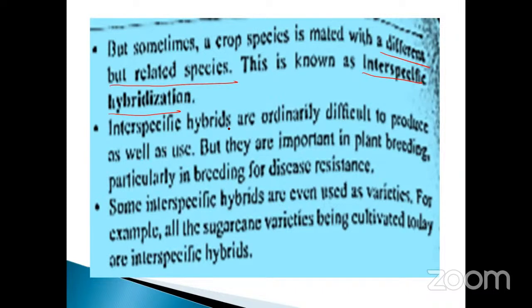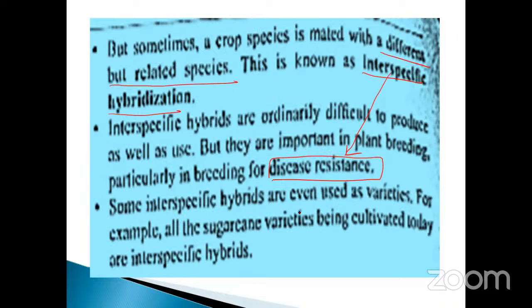Interspecific hybrids are ordinarily difficult to produce as well as use, but they are important in plant breeding, particularly in breeding for disease resistance. So interspecific hybridization is mostly important for plant breeding, particularly disease resistance only.